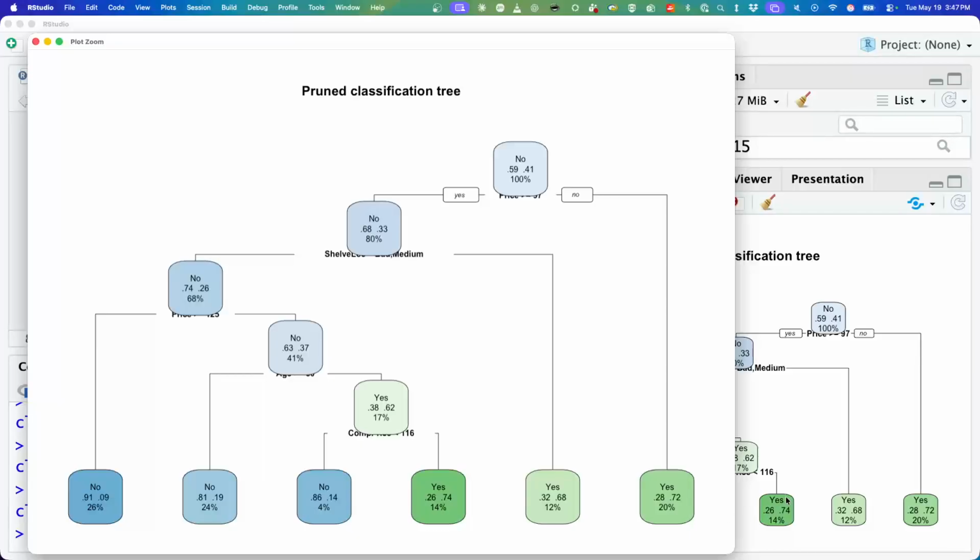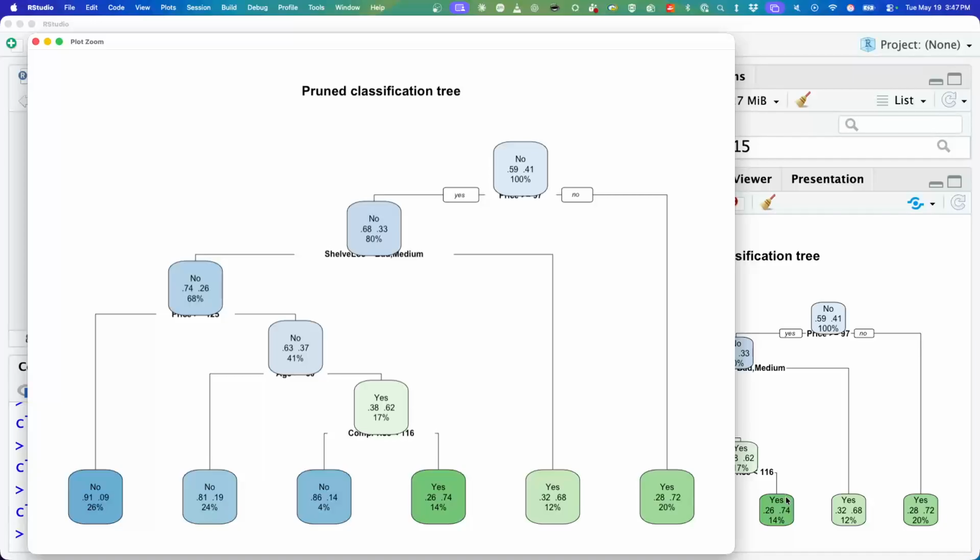Okay, so after we've done the pruning, I know it's kind of hard to see, but just under each node you can see the label. The first one is still price, then shelf location, then price, age, and the competitor's price.